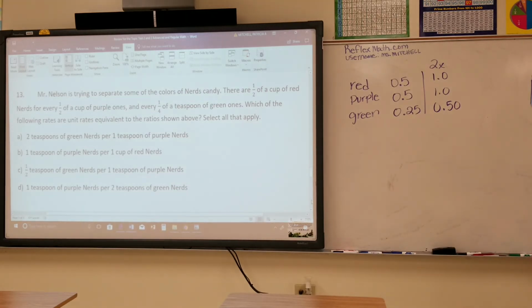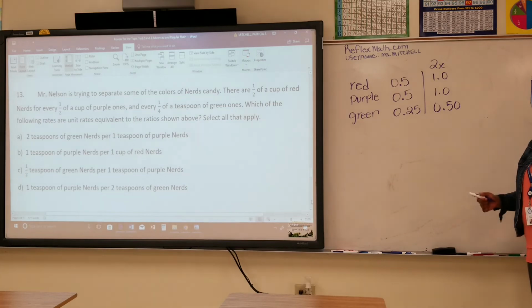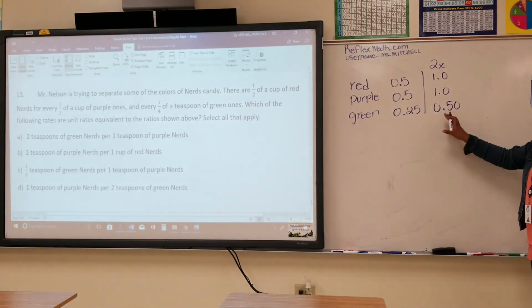And if for any chance you need to triple it, because what we're trying to do is see if these ratios are going to match up, and that is how we get a visual of what we're doing.